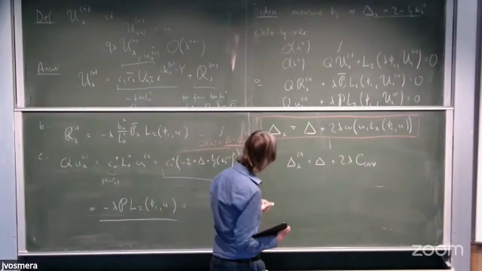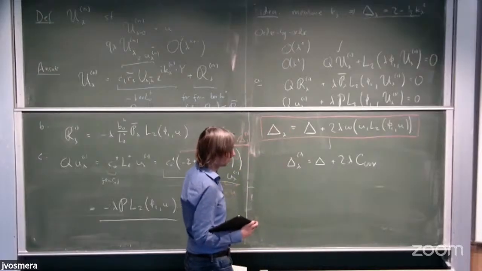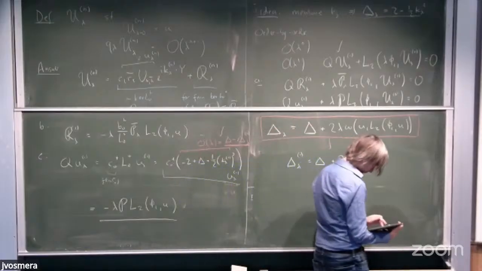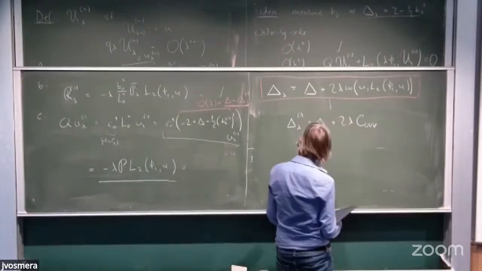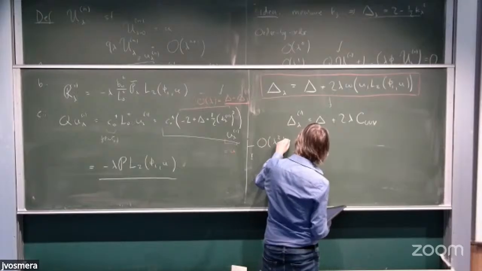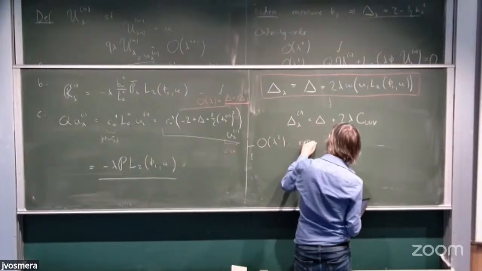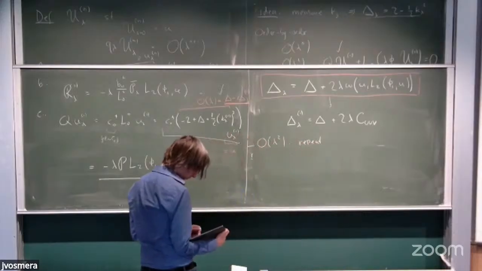That is something which you can compare with the usual conformal perturbation theory calculation, and it agrees. So that was order lambda to the 1. At order lambda to the 2, we would just repeat, and you will get more complicated equations to solve.